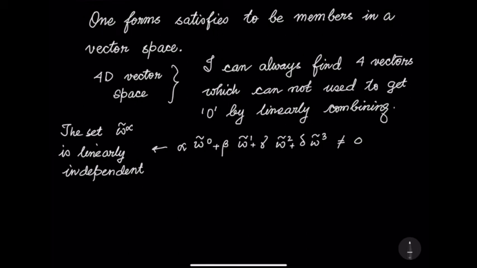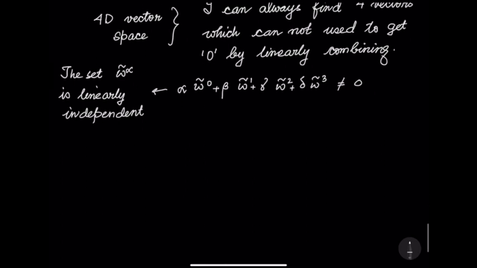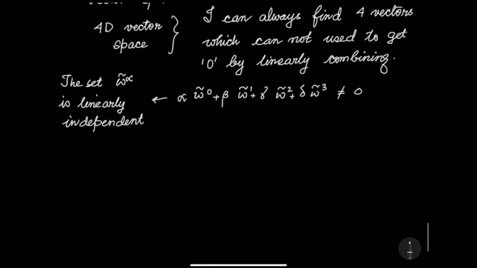So I can always find such things which are linearly independent if it's a vector space. These we will use to construct the basis one forms. We had the basis vectors earlier. This will give us the basis one forms.